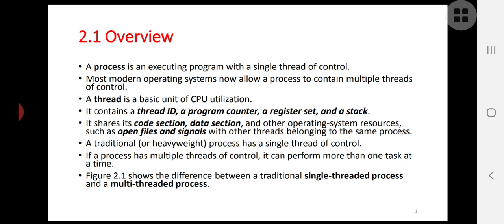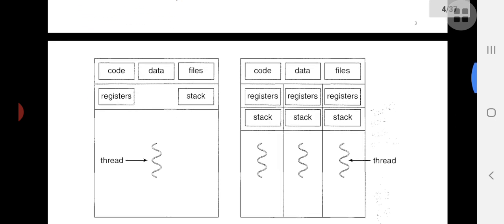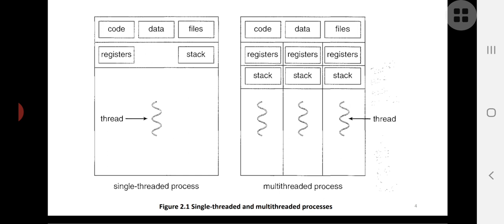So there is a diagram which clearly shows you the difference between a single threaded process and a multi-threaded process. See, the left side diagram shows a single threaded process, and the right side diagram shows a multi-threaded process.